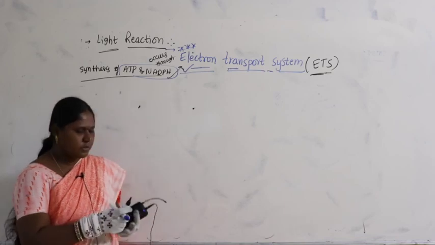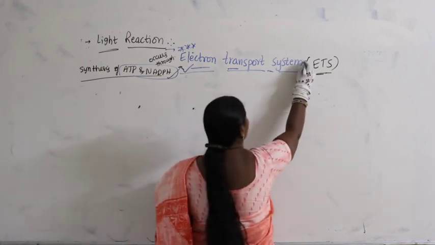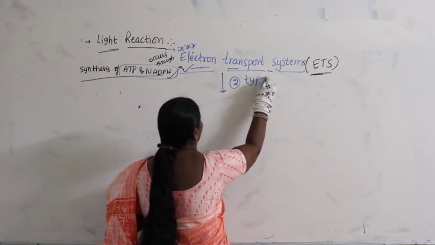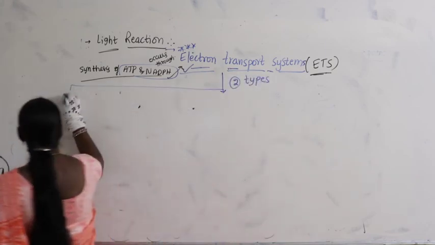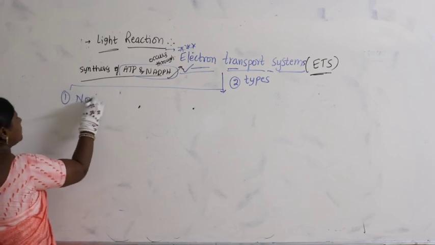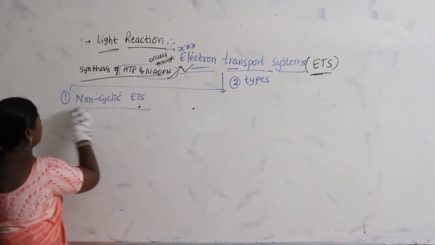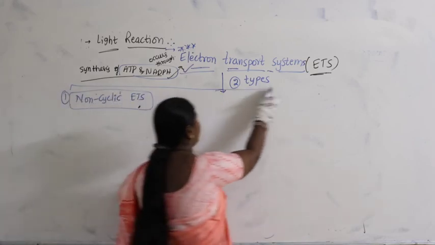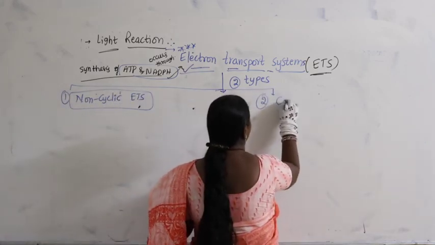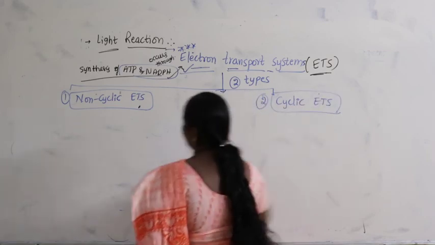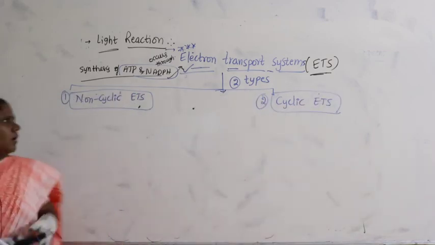Electron transport systems are of 2 types. Let us take the first one as non-cyclic electron transport system, ETS, and the second one as cyclic electron transport system. What are the 2 types we have to remember?